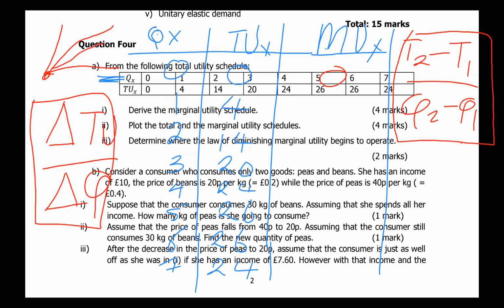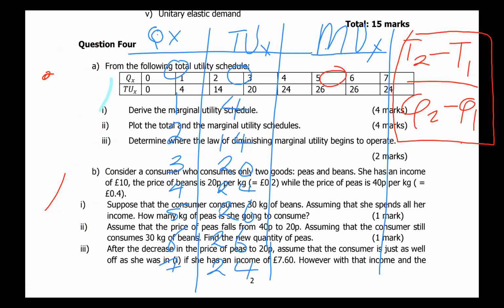Okay. So observe what is happening. We are subtracting. To find the marginal utility of consuming 1 commodity, what is the total utility at consuming 1 commodity? It is 4, minus the previous utility, which is 0.